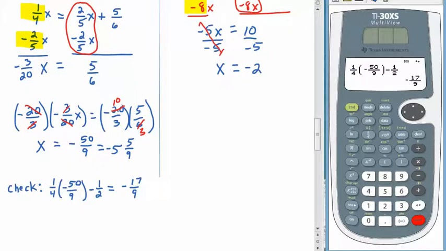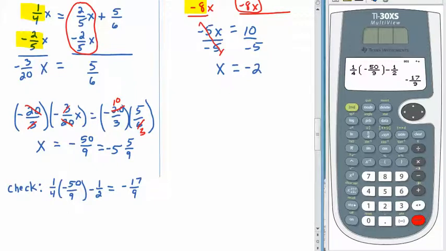The right-hand side of the equation said 2/5 of an x, which was -50/9, plus 1/3.